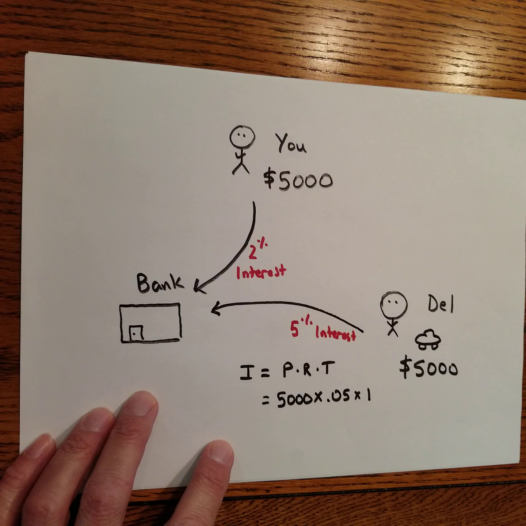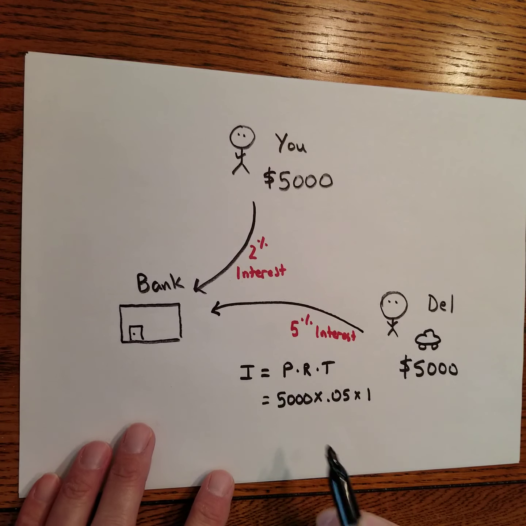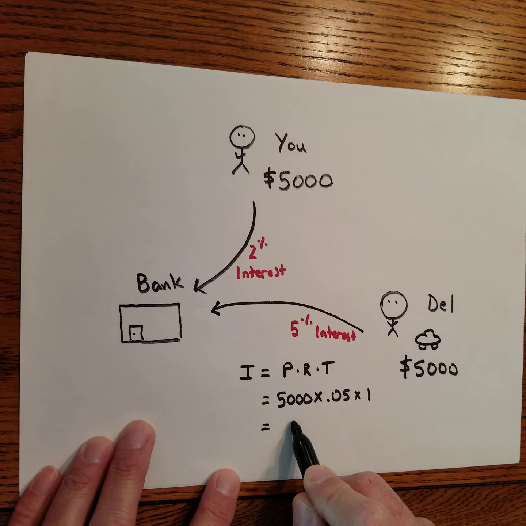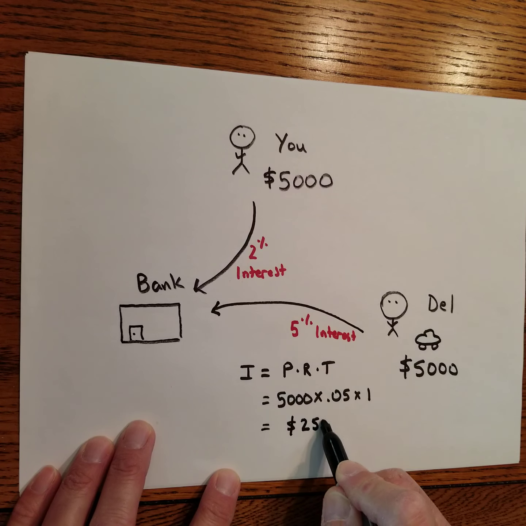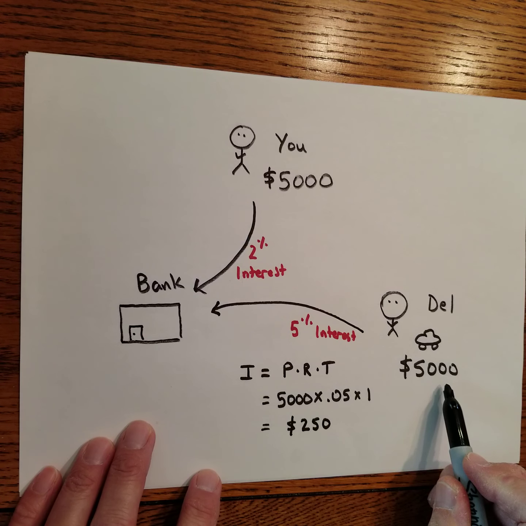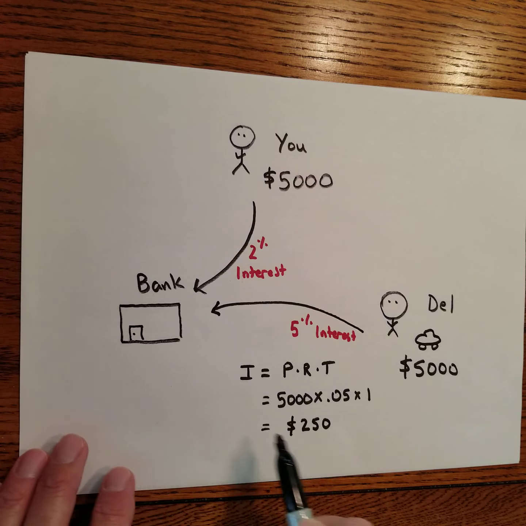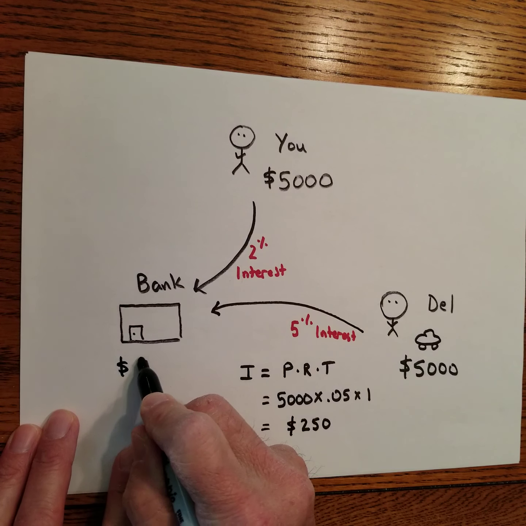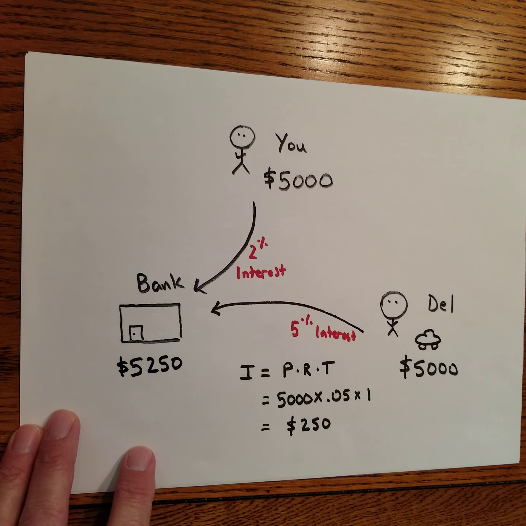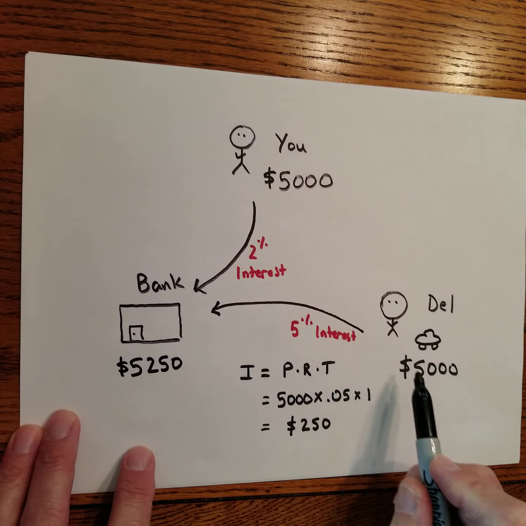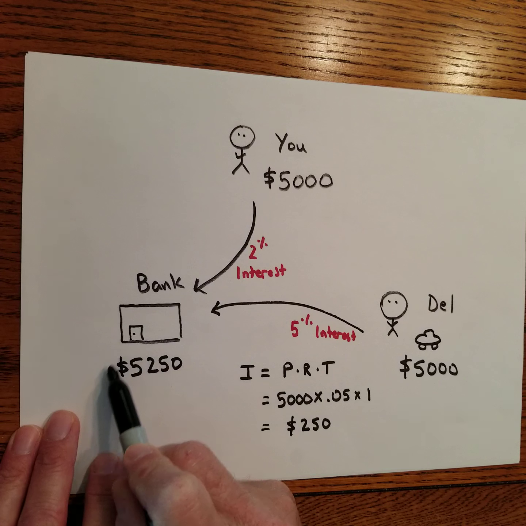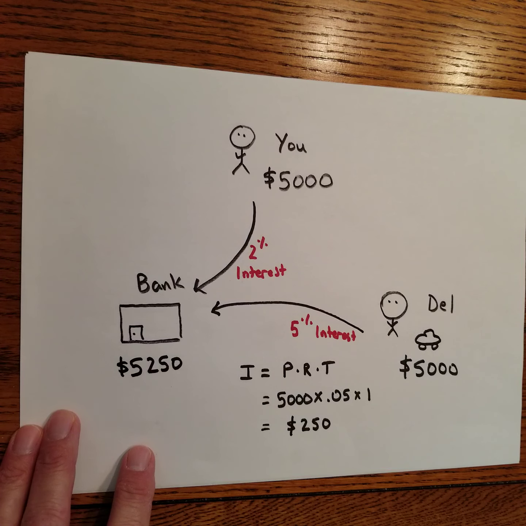If I multiply that out, 5,000 times 0.05 times 1 is $250. Dell has to pay back the $5,000 plus $250, so the bank gets $5,250. Wow. The bank gave Dell $5,000. They get back $5,250. The bank made $250.